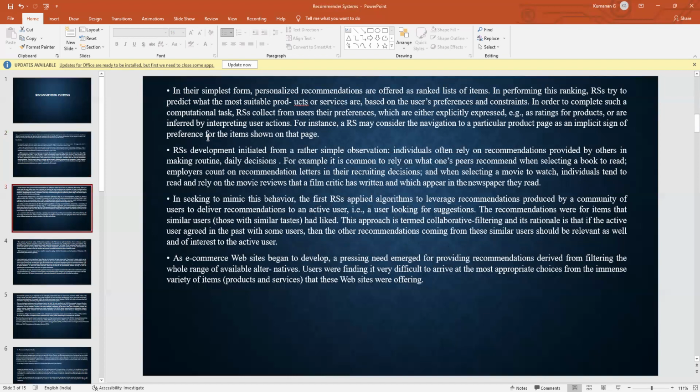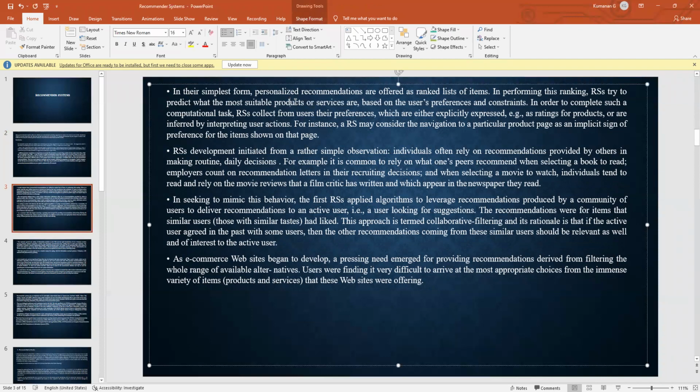Next, in the simplest form, personalized recommendations are offered as a ranked list of items. In performing this ranking, recommender systems try to predict what the most suitable products or services are, based on the user's preferences and constraints.